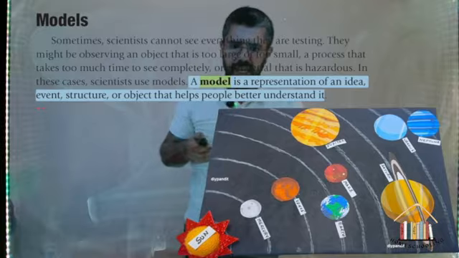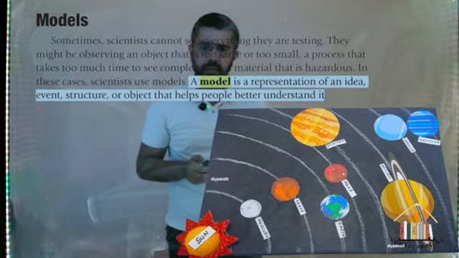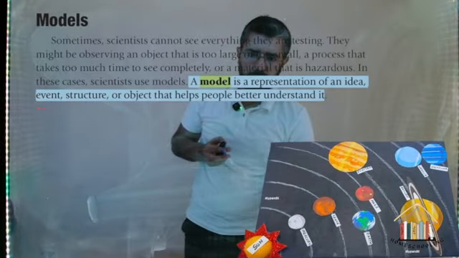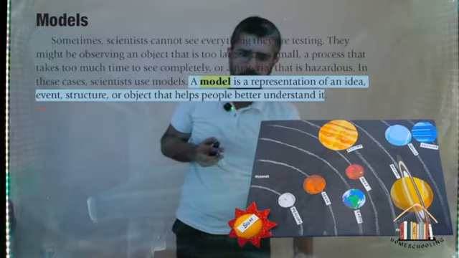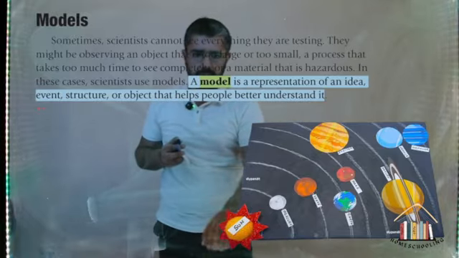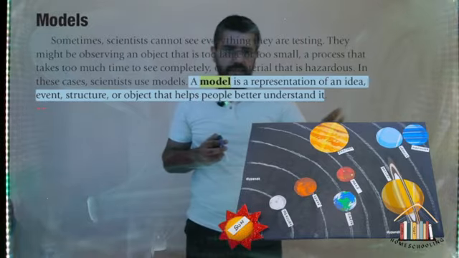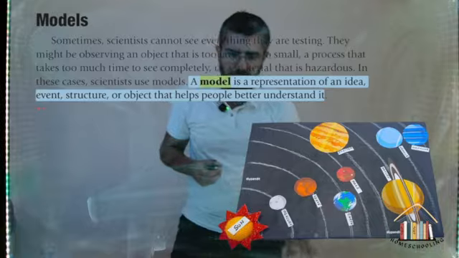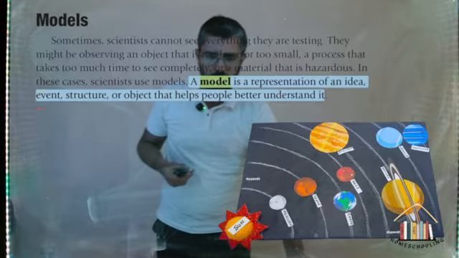We have to create something similar to it, and that's what we mean by a model. As you see in this picture, this is a small model of, guess what, the solar system. Here we have the sun in the middle, and the planets all around it. This is a small and quick model made by a student of the solar system.